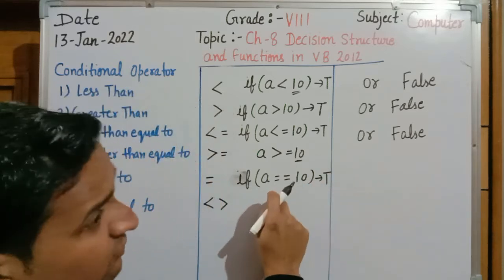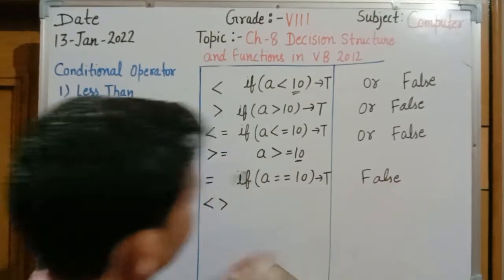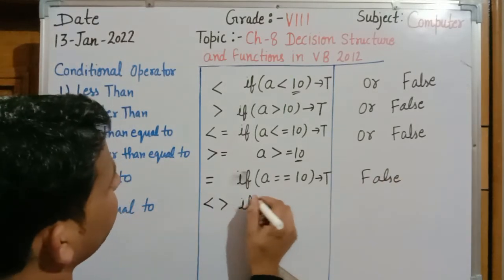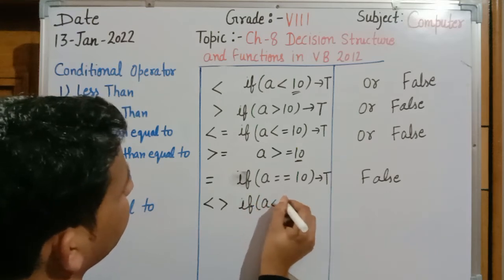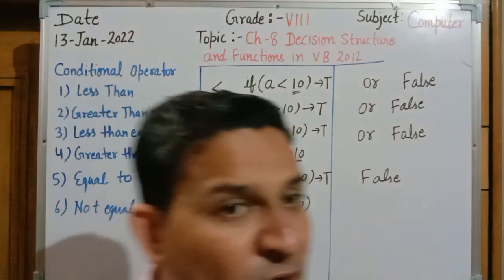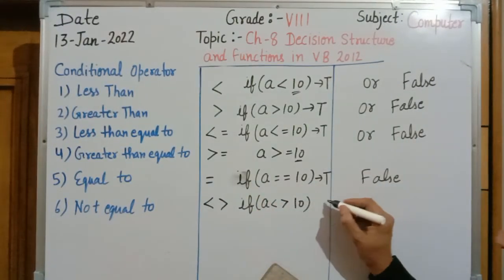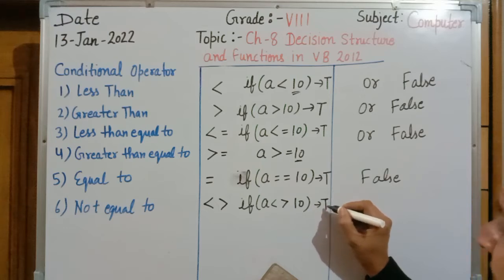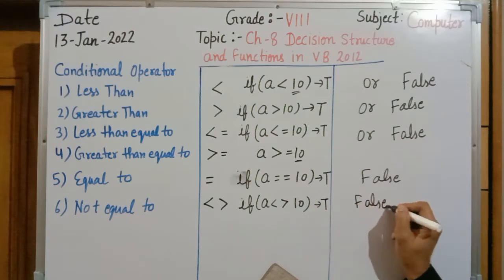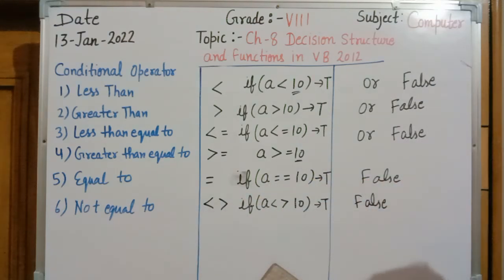If it is less than or greater than 10, then it is false. And the next is the not equal to operator. If we are writing if a not equal to 10, it means if the value is not 10, excluding 10 any value, that is true. If the value is 10, then it is false. These are the six types of operators under conditional operation.